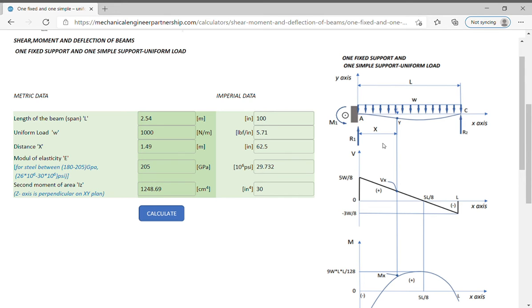The sign conventions used for bending moment and shear forces are: clockwise for positive moments and counterclockwise for negative moments; positive shear forces in the same direction as the y-axis in the figure and negative shear forces for opposite orientation.